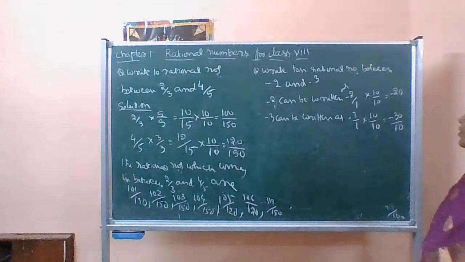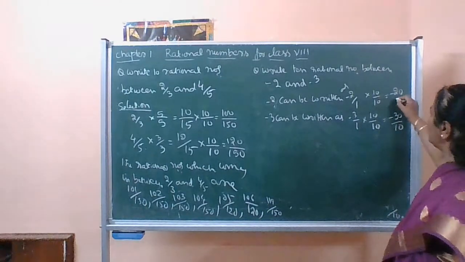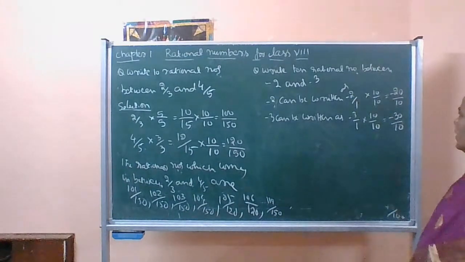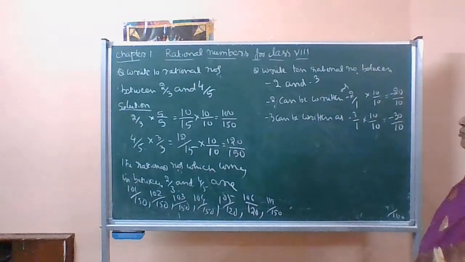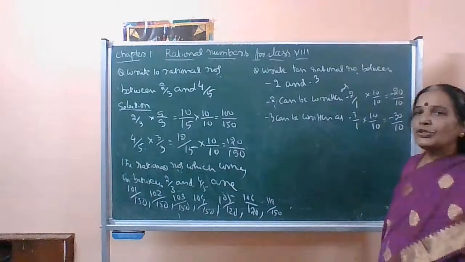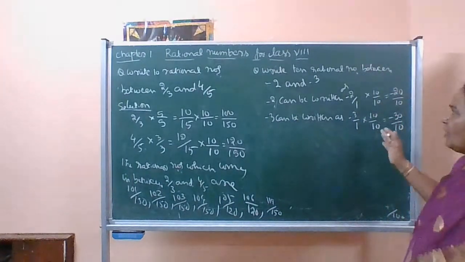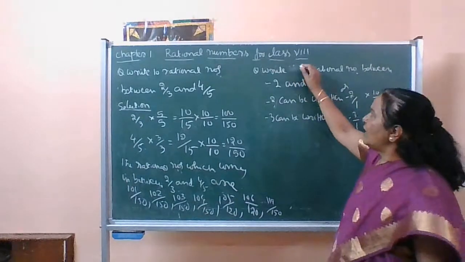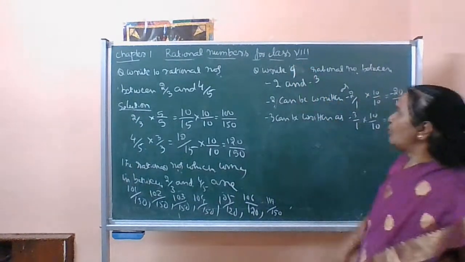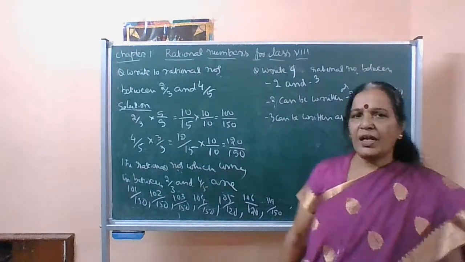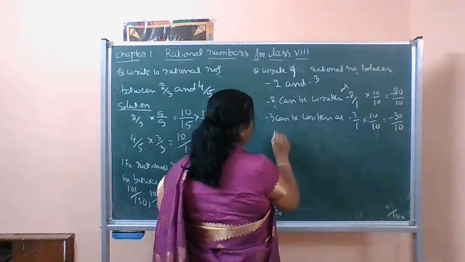If you multiply by 10 here, see, if you start writing, you will get only 9 rational numbers. And if you want more, you can multiply both by 2. Now we will write 9 rational numbers between -2 and -3. If you start doing it, you will get the rational numbers.